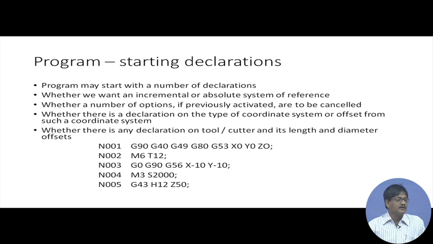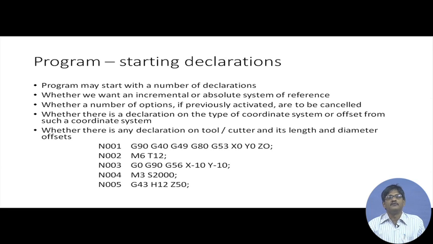It might have a number of options activated previously by, say, the previous command, which are to be cancelled. For example, what can be these options? It can be that you are declaring that the tool is of such and such length, workpiece of such and such height, the tool is having this kind of diameter, the tool is supposed to carry out drilling operations unless it is asked to stop that.